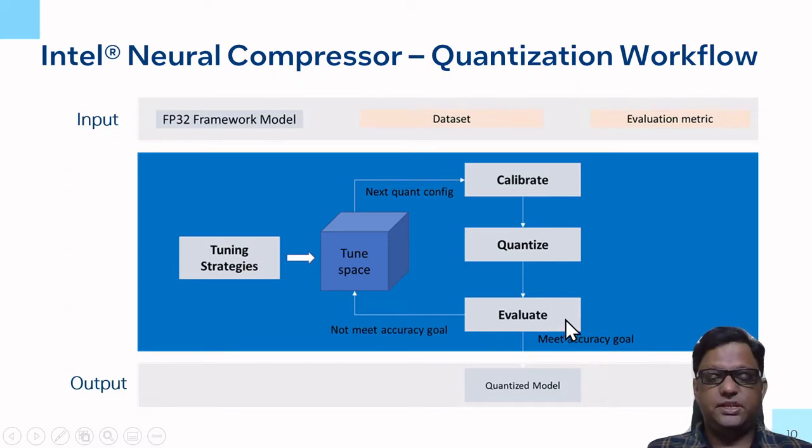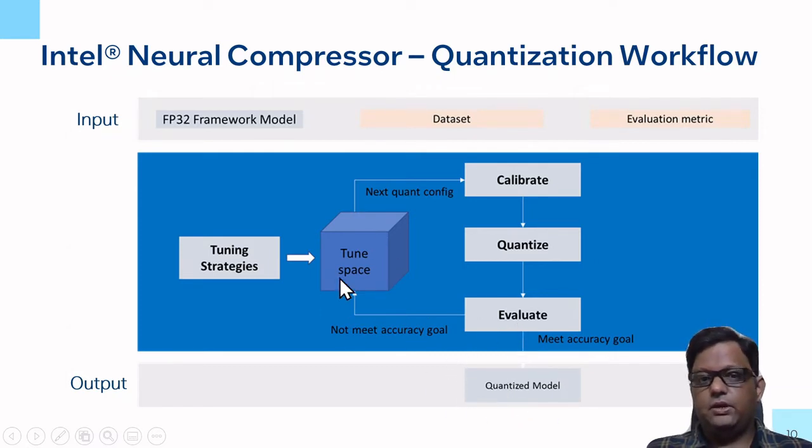So it is going to see if the criteria that we've specified for the quantizer configurations are met, in terms of the thresholds that are permitted to be compromised in terms of the accuracy, right? The evaluation metric.